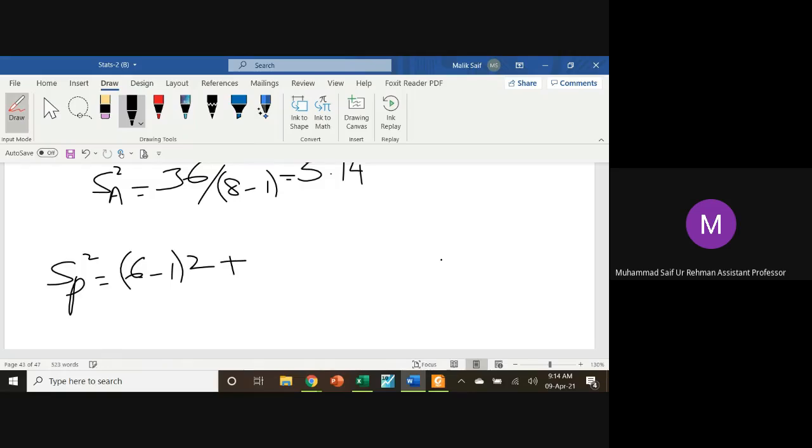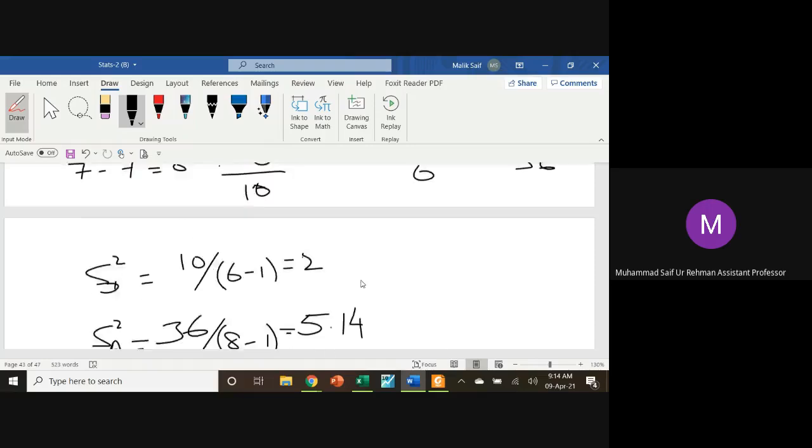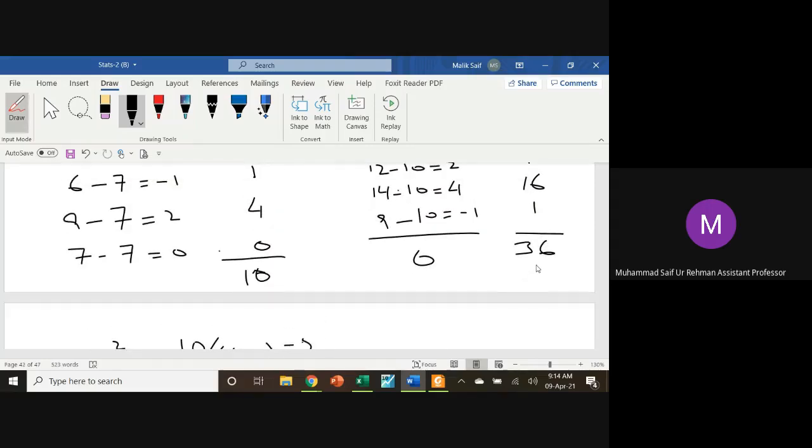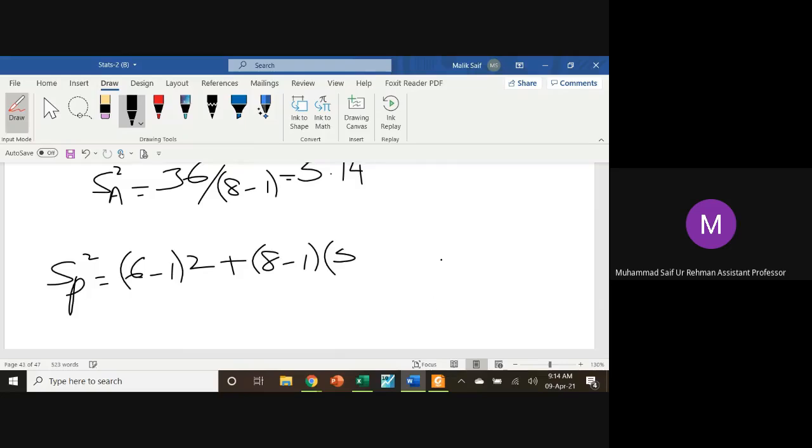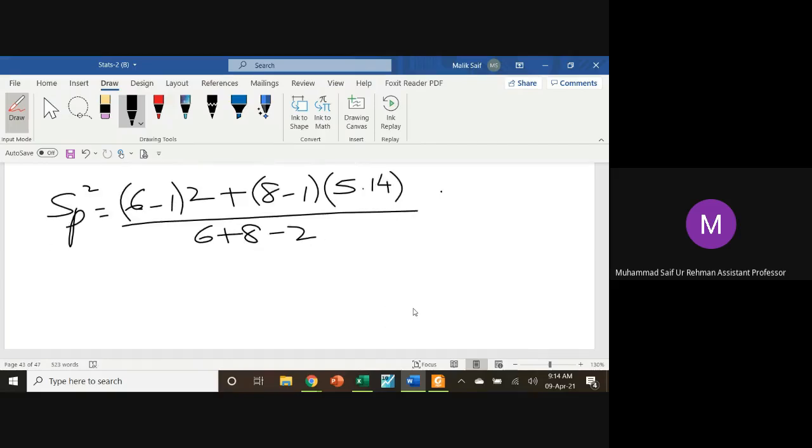Plus the next value, NA minus 1, so that is 8 minus 1, multiplied by S2 square, and in this case SA square, 5.14, and divided by 6 plus 8 minus 2. So see what is the answer.